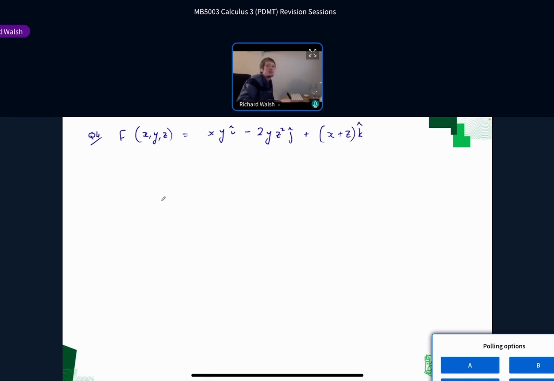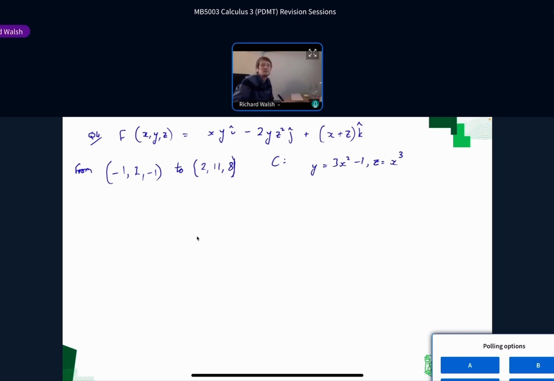In moving a particle from, I spelled that incorrectly, from -1, 2, 11, 8 along the curve C. The curve C is given by y equals 3x squared minus 1, where z is equal to x cubed.